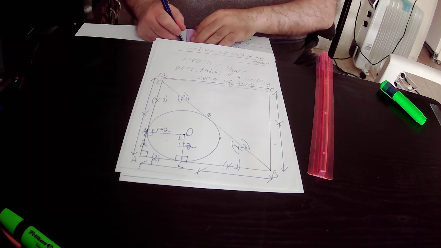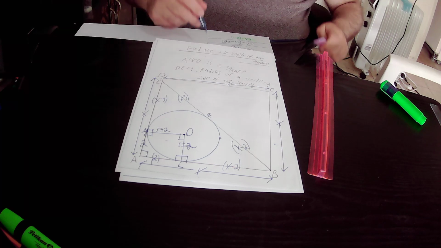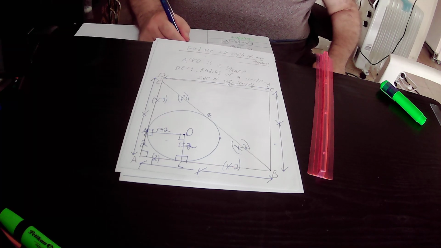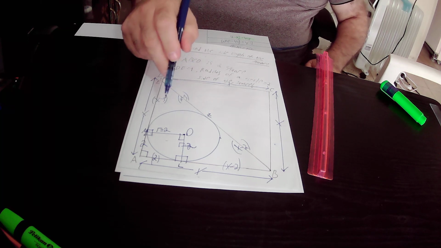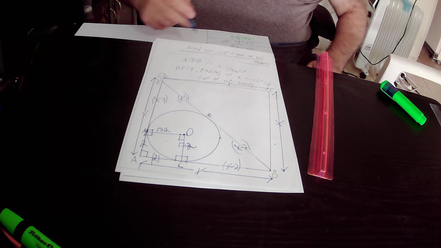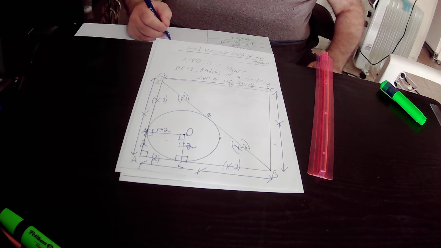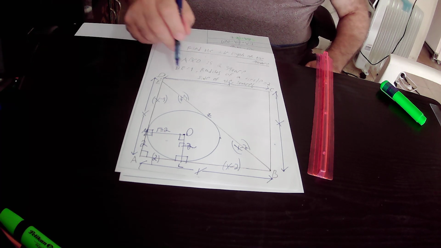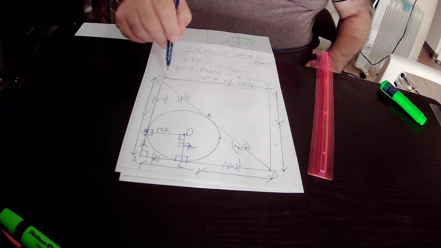So we just found out that EA equals x minus 1. And we already found that AB equals x according to our definition. And what is the length of the hypotenuse EB?